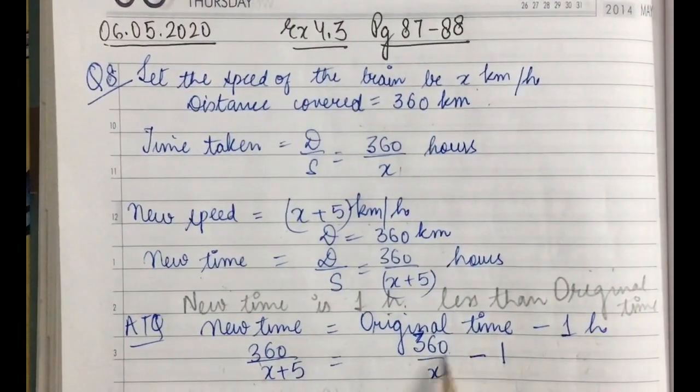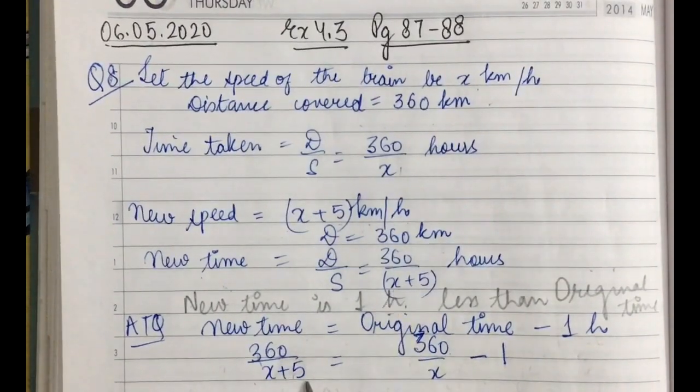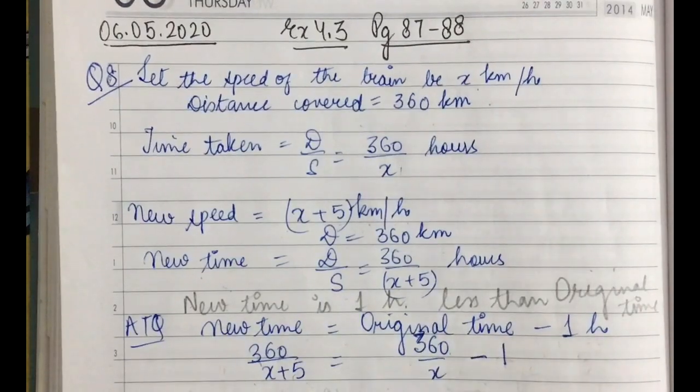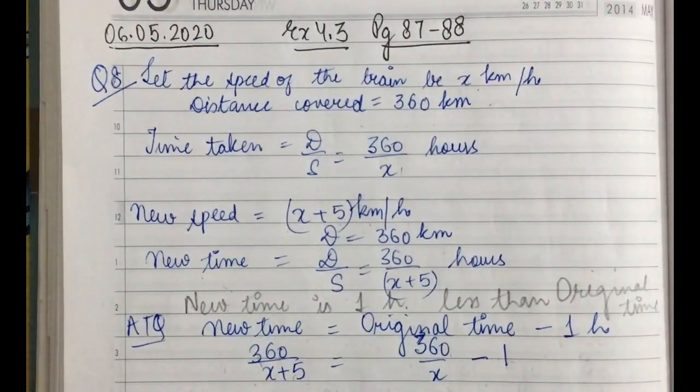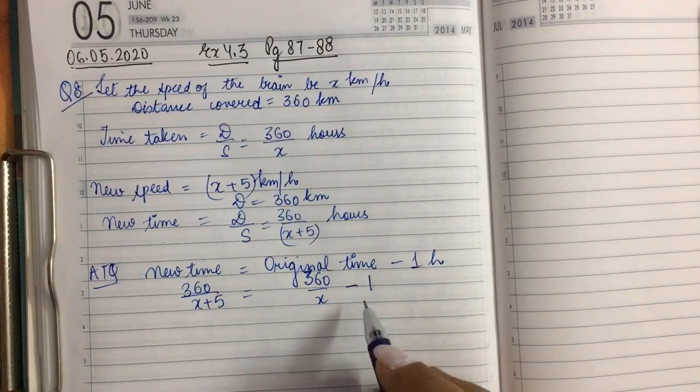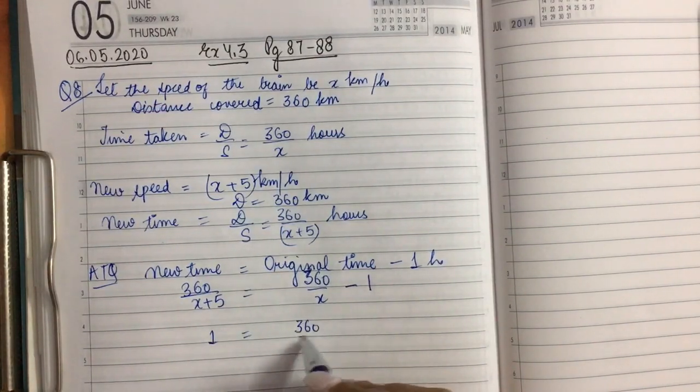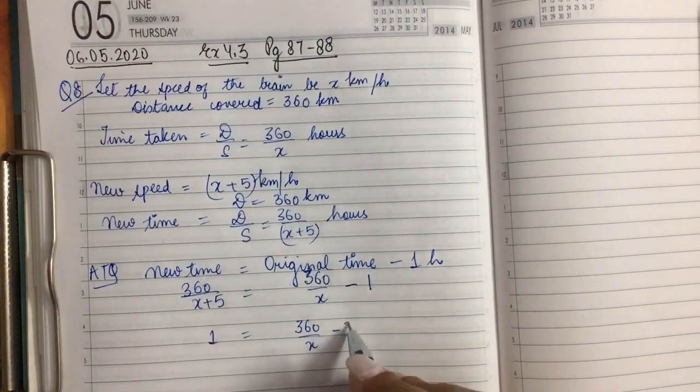So using the values for the new time and the original time minus 1, we get the equation. Simplifying, transposing minus 1 to the left hand side and this fraction to the right hand side.